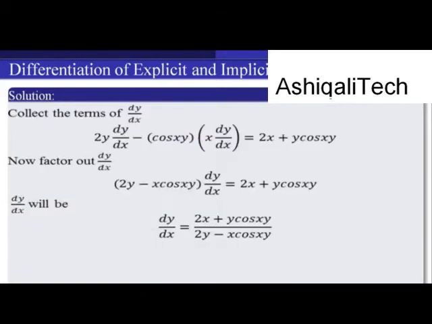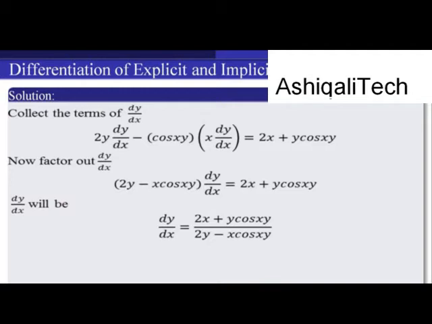Dear students, now collecting all the terms involving dy by dx on one side, we get 2y dy by dx minus cos of xy into x dy by dx is equal to 2x plus y times cos of xy.